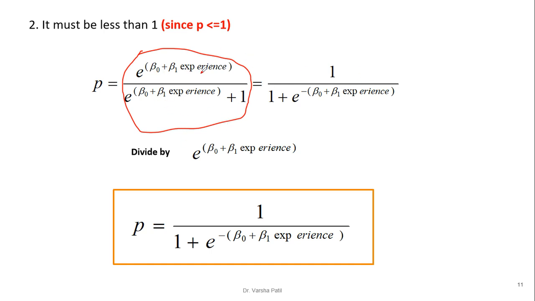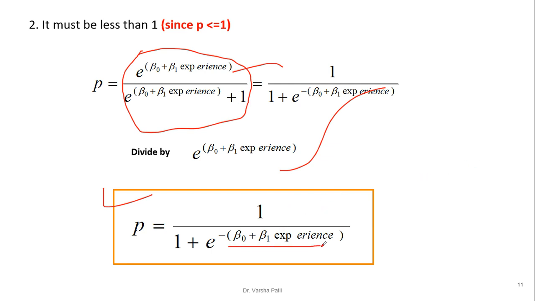This part ensures the value is not less than 0, and this is the dividing factor so that it will lie between 0 and 1, or not be greater than 1. This is the final equation, but we can easily convert it into this format by dividing by the term e raised to beta 0 plus beta 1 experience. So this is our final equation, the sigmoid equation, the S-shape equation for logistic regression.